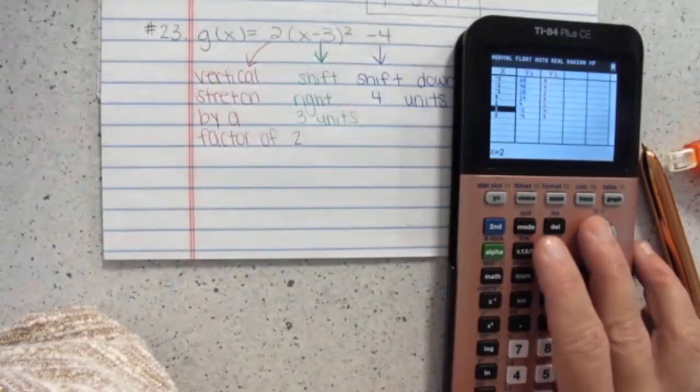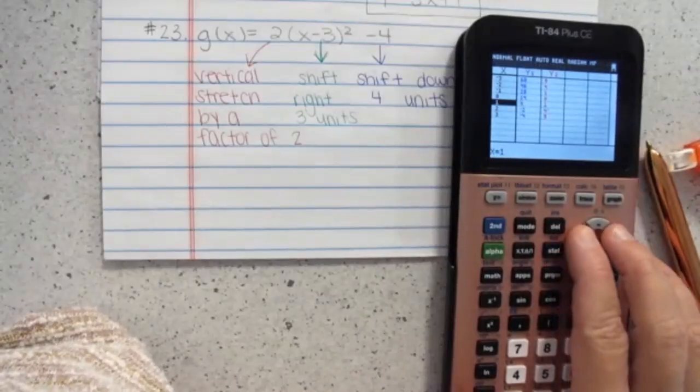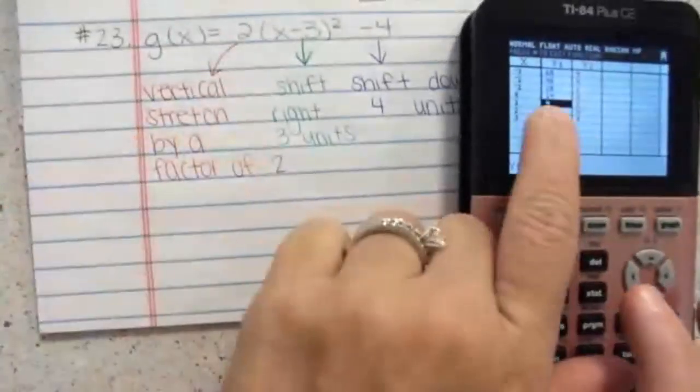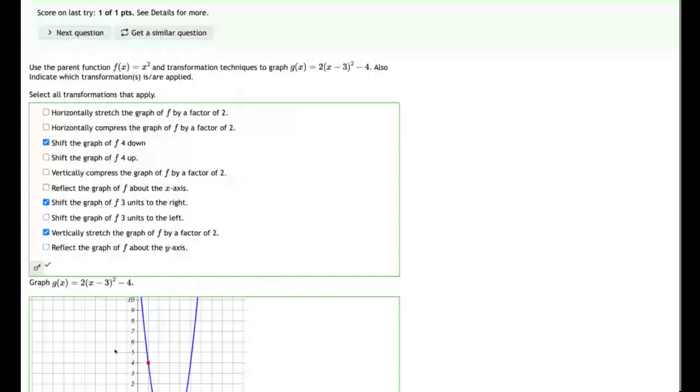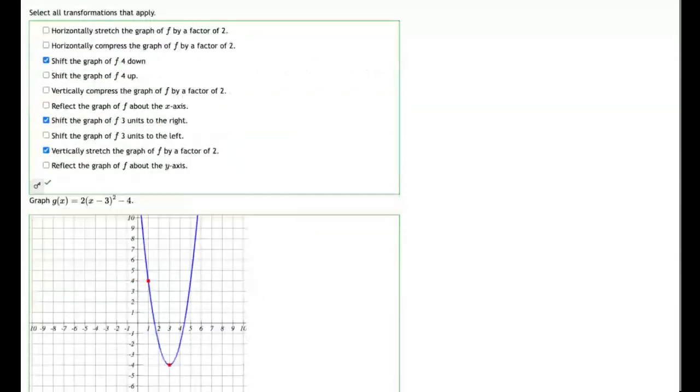Let's say 1, 4 is a good one. Remember, my y2 was my parent function. So my y1 is 1, 4, just so I have another point on my graph from my table. So over 1, up 4. And so there's my graph, and there's my transformations.